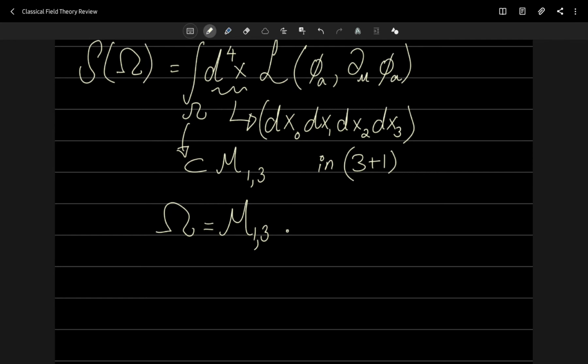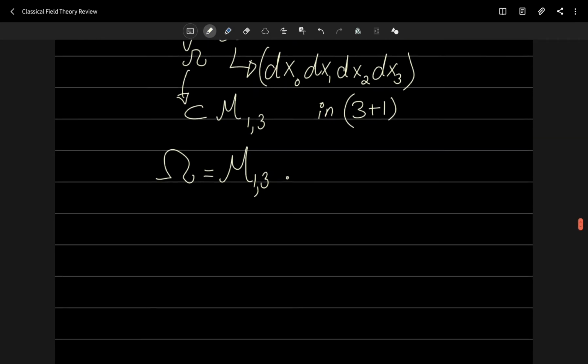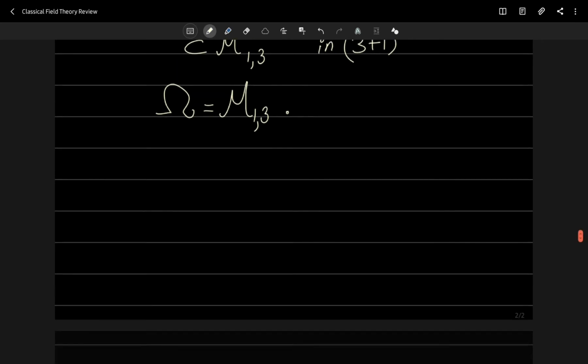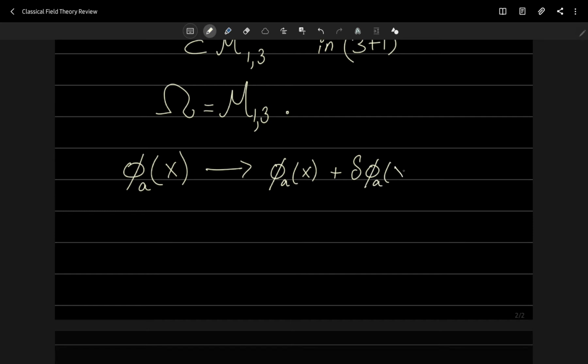Now to extract the equations of motion, we suppose that the action S is stationary under infinitesimal variations of component scalar fields. So what that means is, say phi a of x becomes phi a of x plus some infinitesimal variation, which you could write as delta phi a of x.